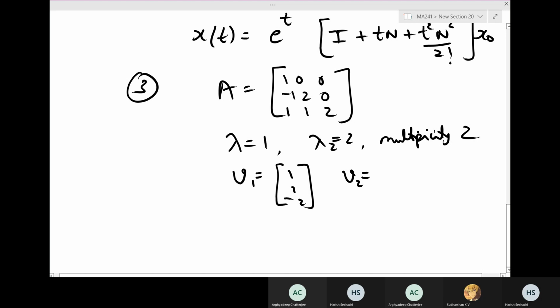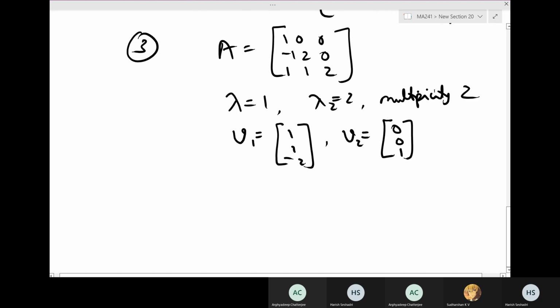The point is that we won't get two linearly independent eigenvectors. So I have these two, I need one more, to complete a basis and then form my matrix P.